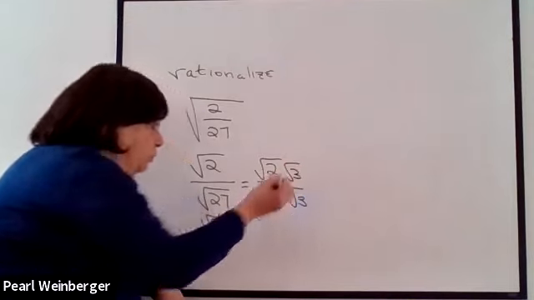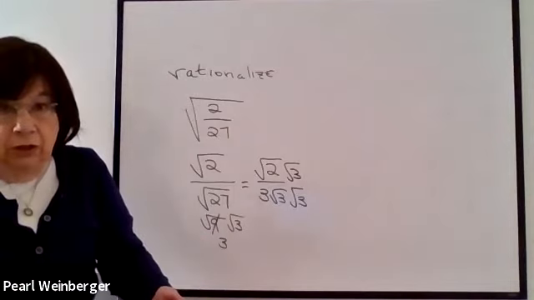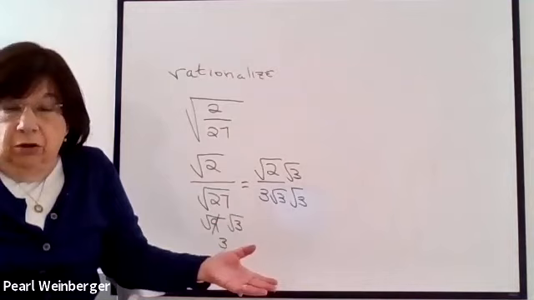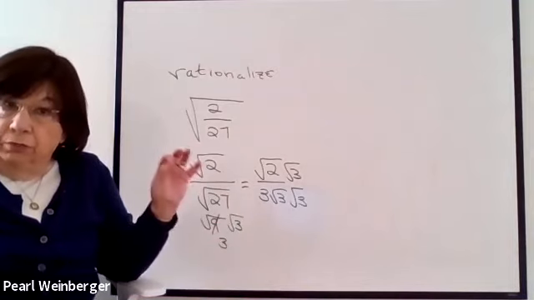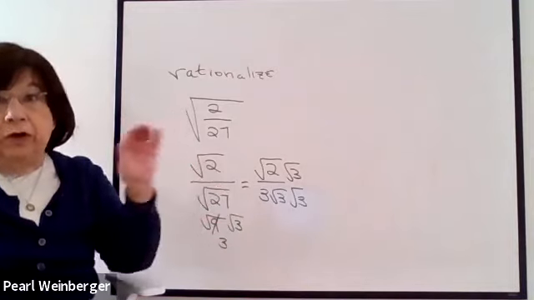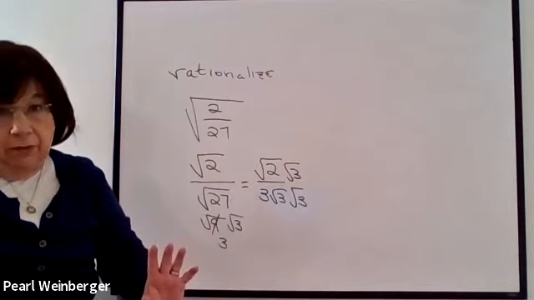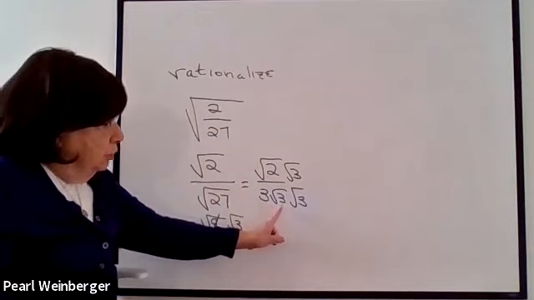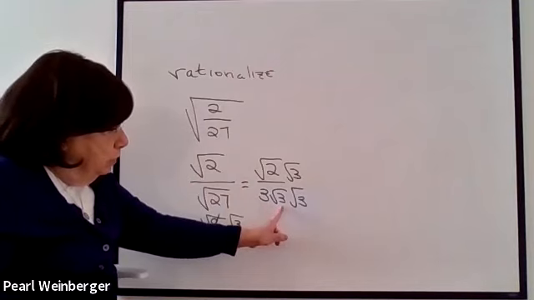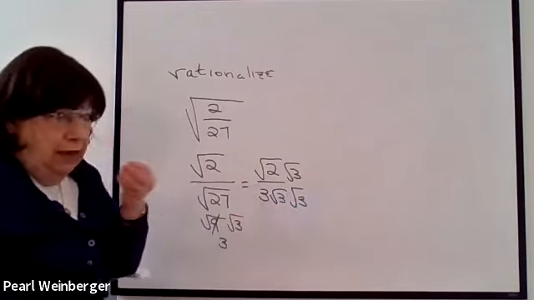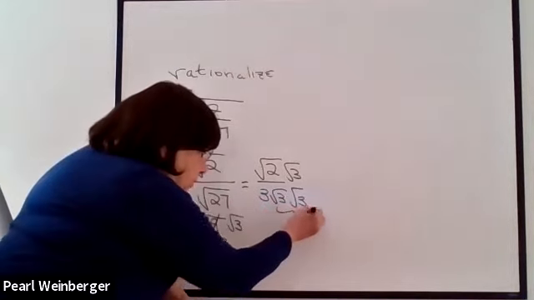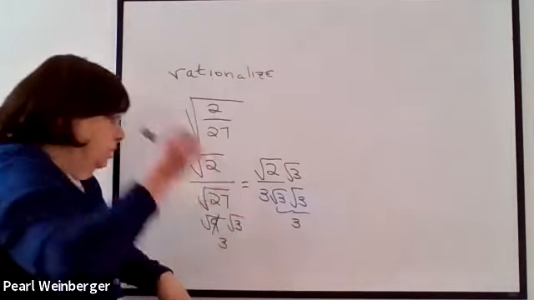We know when we're multiplying a fraction, you don't change the value of the fraction. We just did a whole thing on fractions. As long as you multiply both the numerator and the denominator by the same thing. Now, why would I have done that? Because I know anytime I multiply a radical by itself, it just gives me the number that's inside the radical.